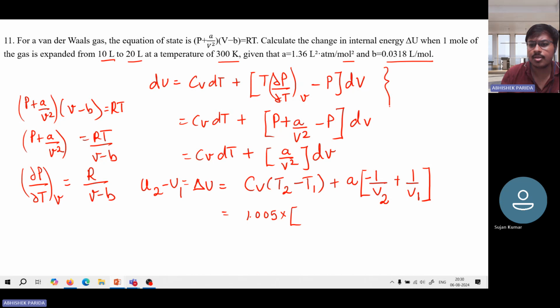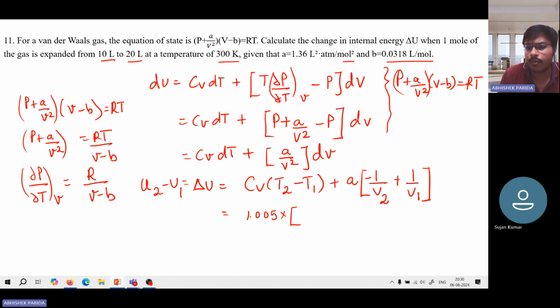Okay, temperature change you can calculate from the equation itself, P plus A by V square, V minus B is equal to RT. Now you have everything. Just substitute the values of 10 liter and 20 liter. Take it in meter cube, of course. Otherwise, no need, because A and B are also given in liter per mole.